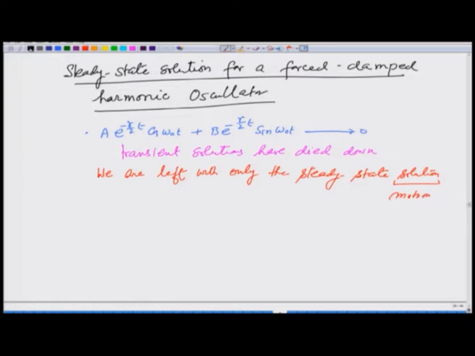And let us see what does it look like. So, my equation is x double dot plus gamma x dot plus omega 0 square x equals f over m cosine of omega t.